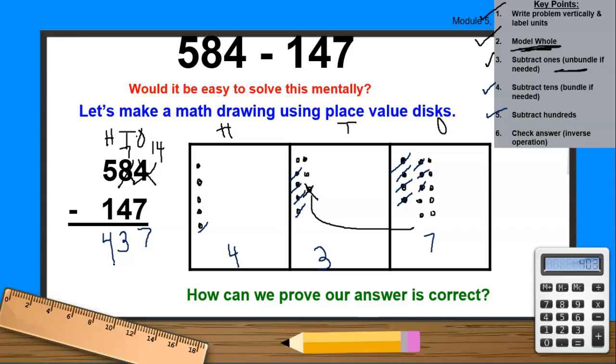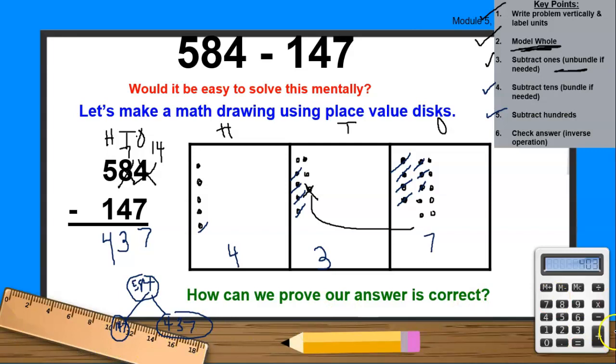Well, you know that this is a whole, 584, and 147 is a part, and 437 is the other part. So we know that if we add the parts, we should end up with the whole.